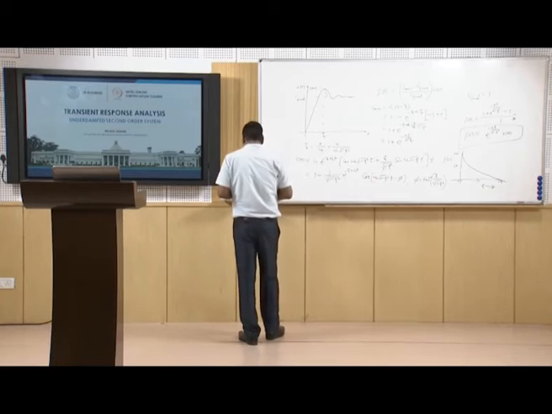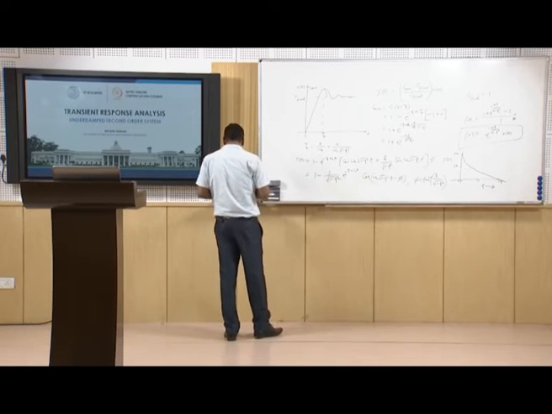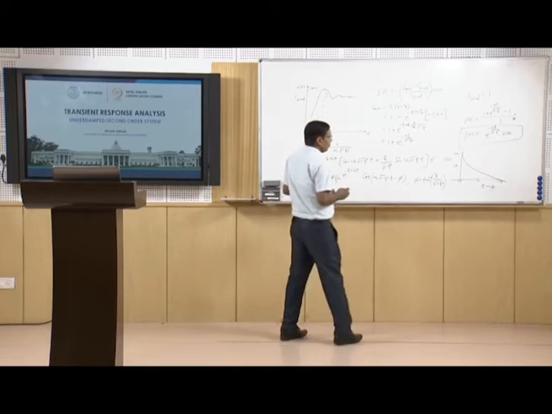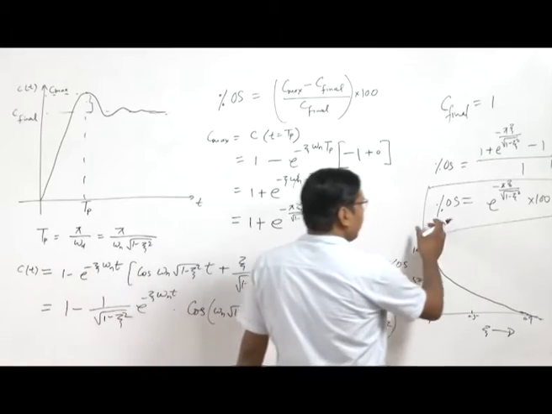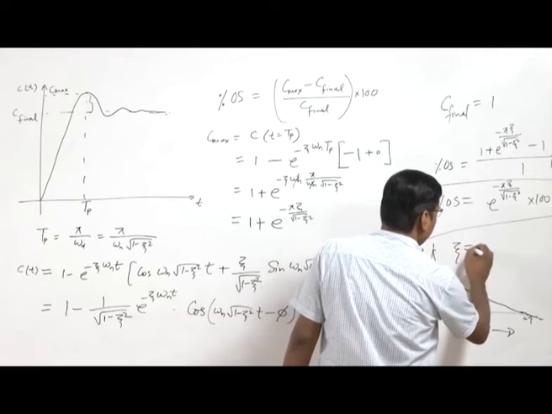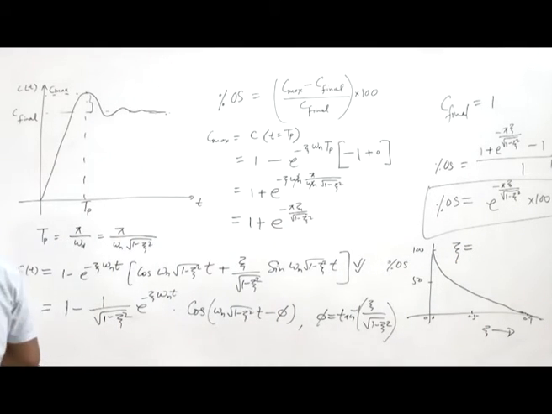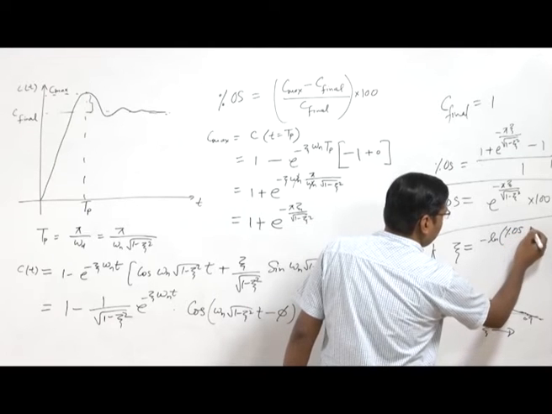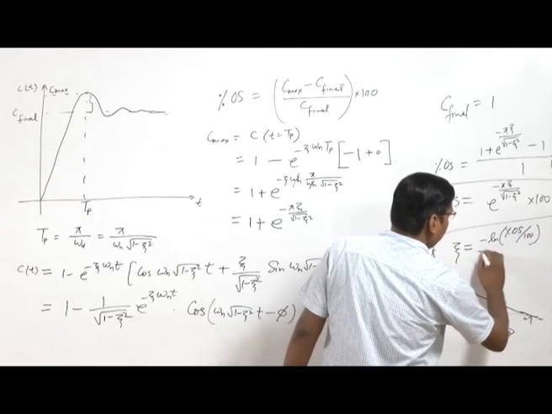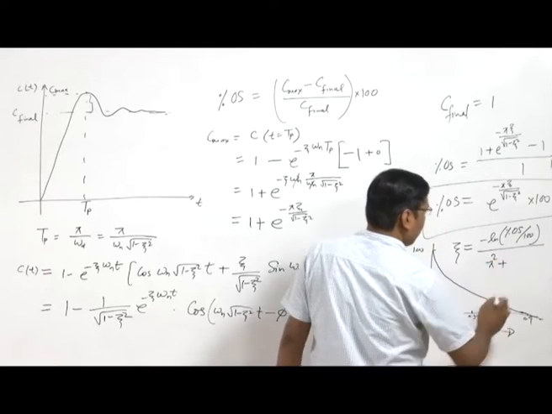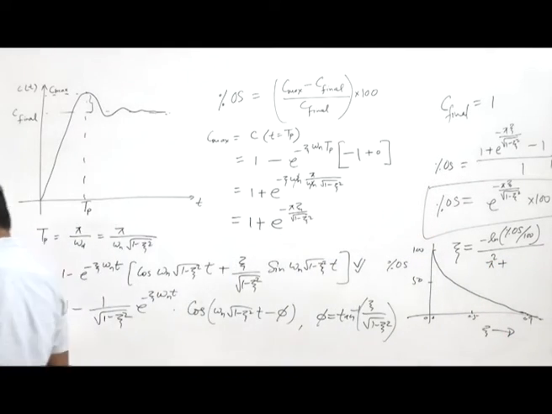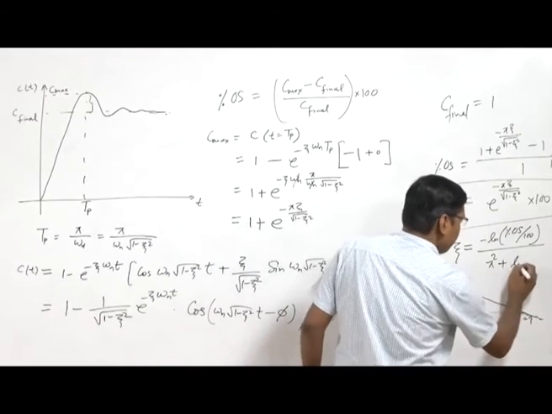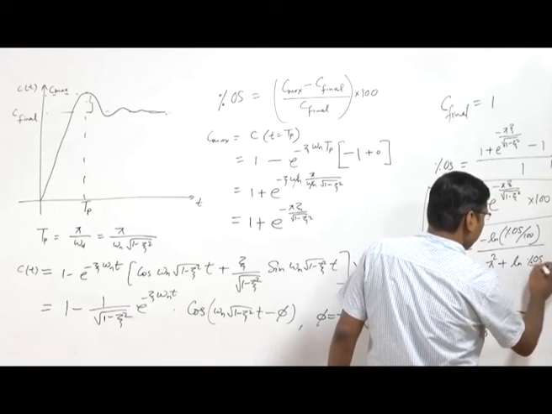Now here we can take the log and write the damping, and that is zeta equals minus ln(percent overshoot by 100) upon root of pi square plus ln square (percent overshoot by 100).